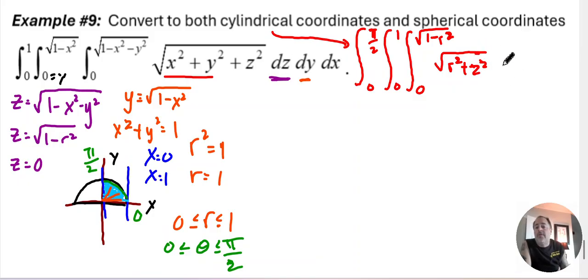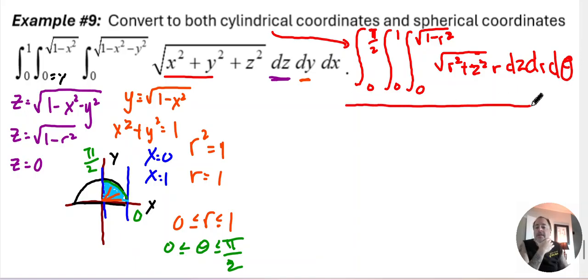And then we're going to have our infamous r, and then we're going to do dz, dr, and then d theta.